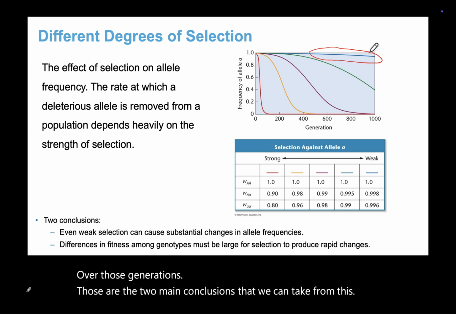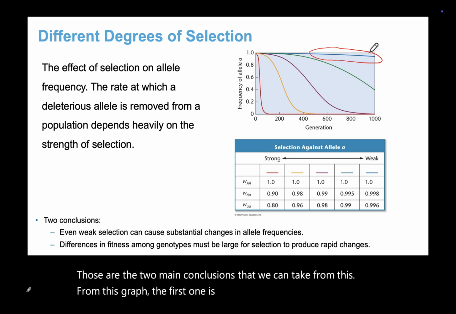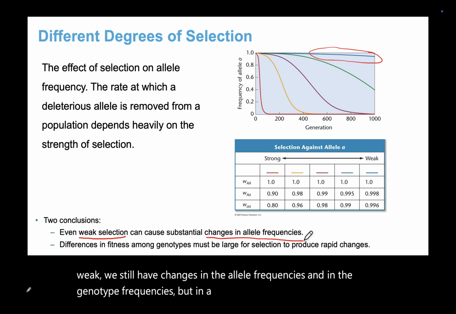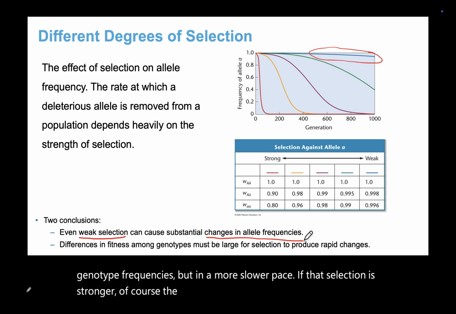The first one is that even when the selection is weak, we still have changes in the allele frequencies and in the genotype frequencies, but at a slower pace. If that selection is stronger, of course, the changes in allele frequencies will be much faster.